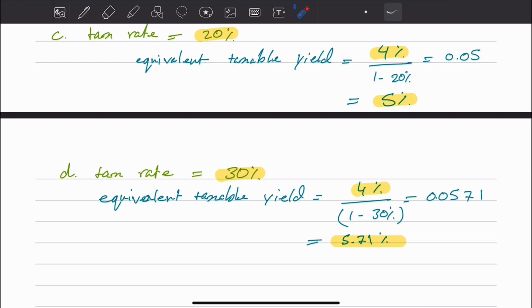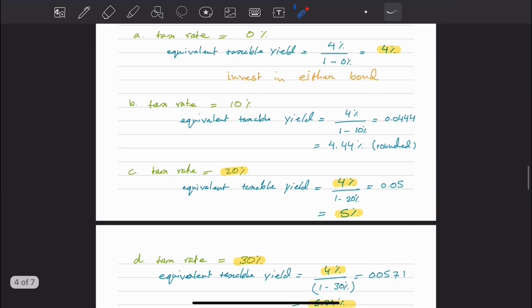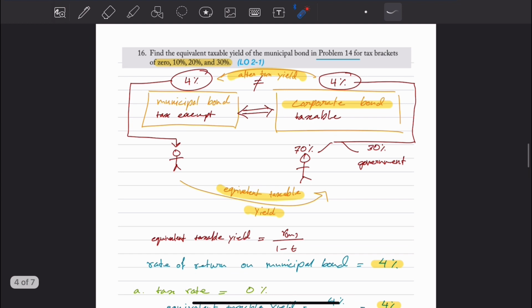Okay? I hope that you found this video useful. This is how you can solve this particular problem number 16, and any similar question. Again, just remember, we have two scenarios to compare a taxable bond with a tax exempt bond.